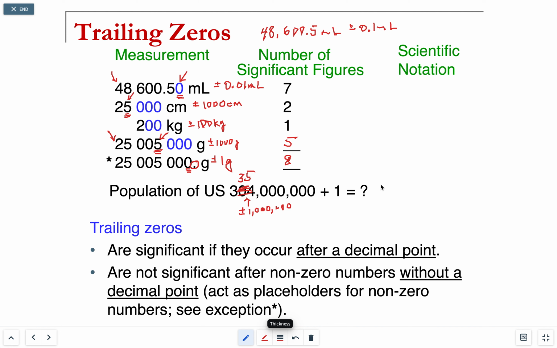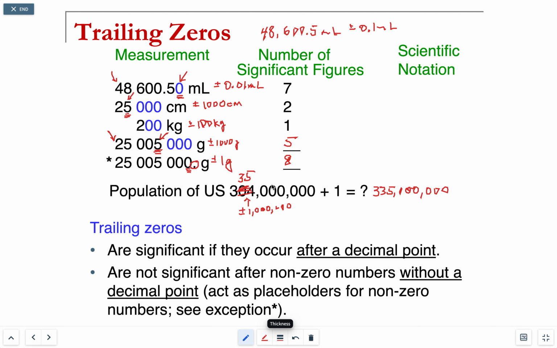We would still just keep it at 335 million. We wouldn't change it. We'll go into arithmetic operations of dealing with this in a moment, but I hope that serves to illustrate the meaning of uncertainty in a measurement.